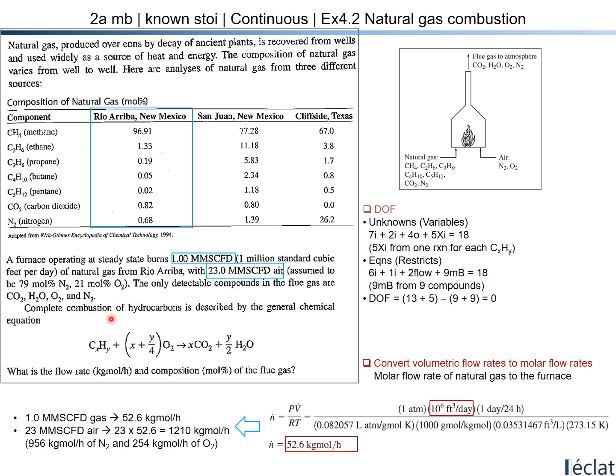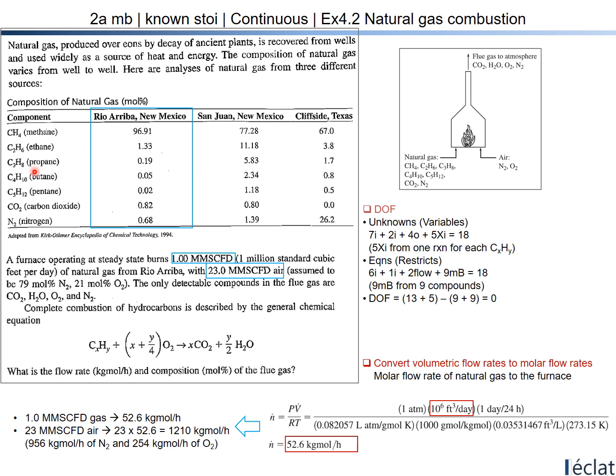Complete combustion of hydrocarbons, including methane, ethane, propane, butane, and pentane, is described by the general chemical equation CxHy, standing for the alkane, plus oxygen going to CO2 and water. There are some unknowns, including x and y, which depend on the chemical formula of each alkane.